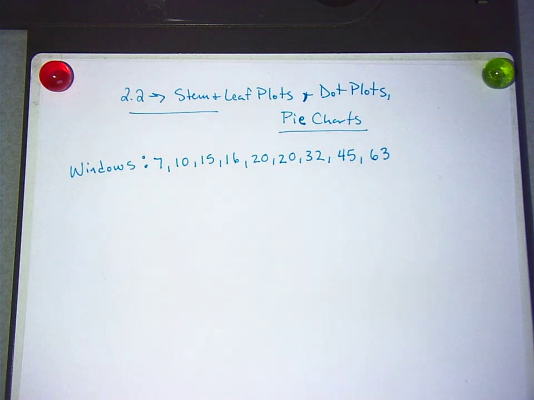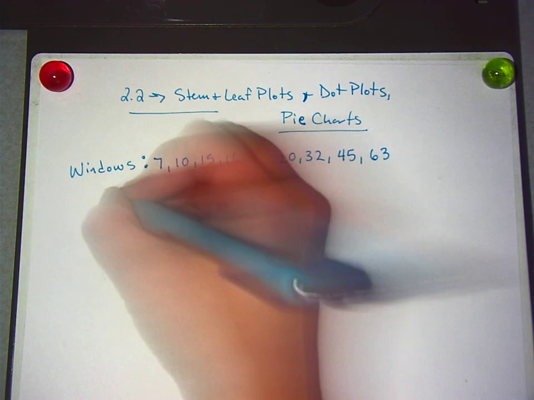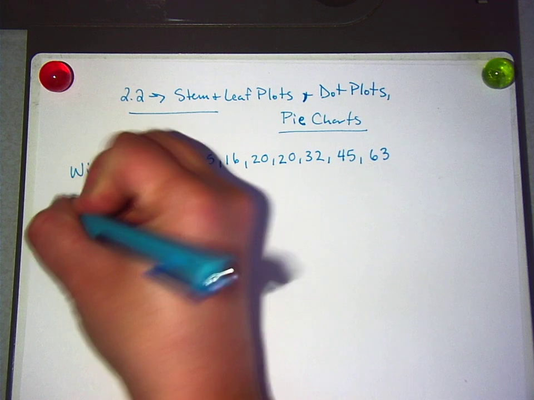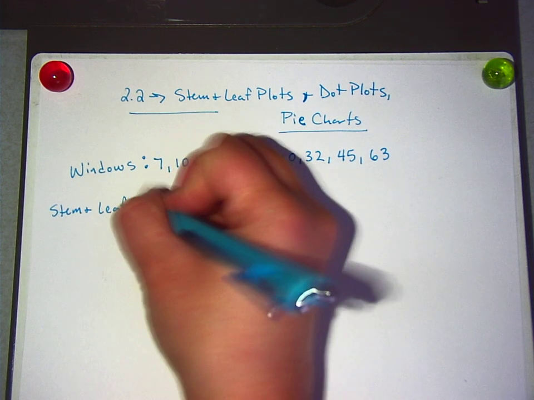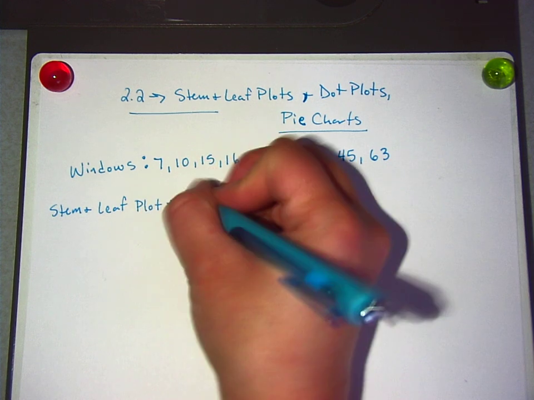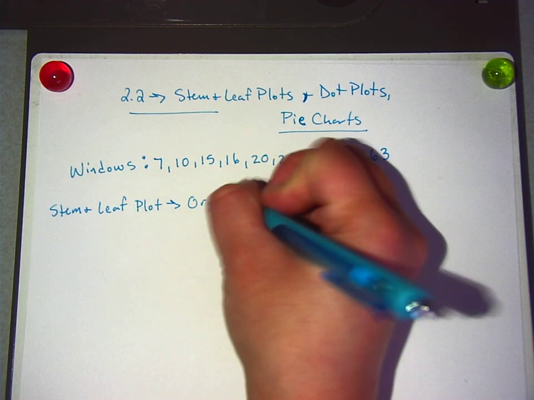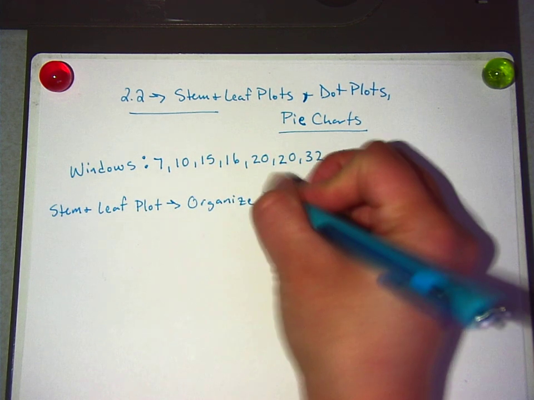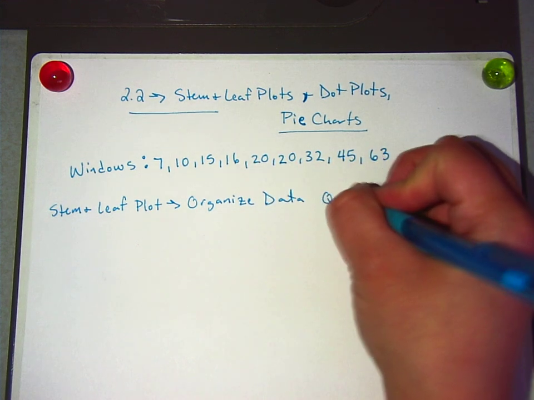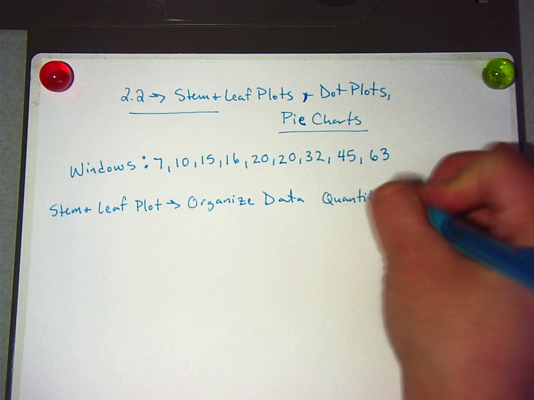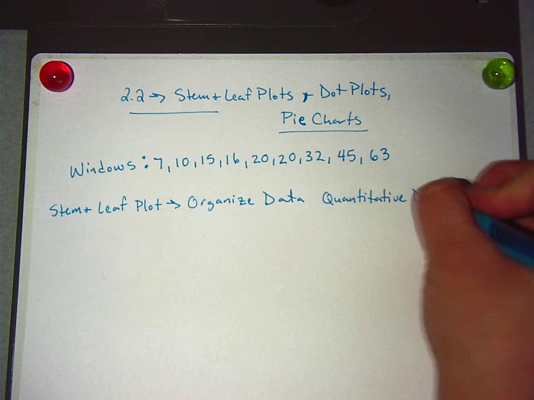Okay. So a stem and leaf plot looks like this. A stem and leaf plot is used to organize data, mostly. It is used for quantitative data, meaning numbers that mean something.